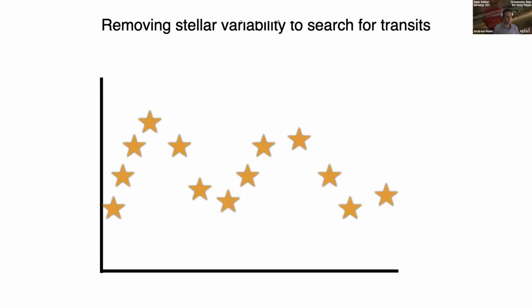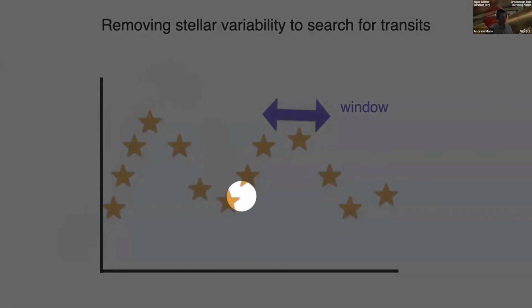The most common method falls under this broad category of things we call local filtering, or a high pass filter. There are a bunch of different techniques that fall under this, but just to give you a feel for how they all roughly work: this is a toy caricature of a light curve.